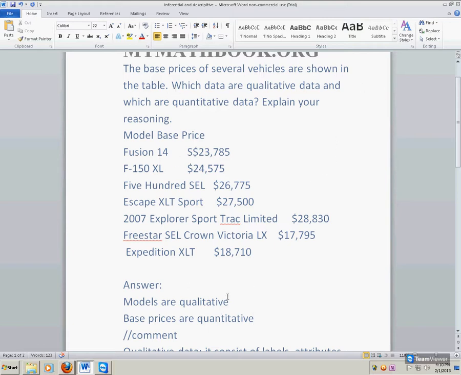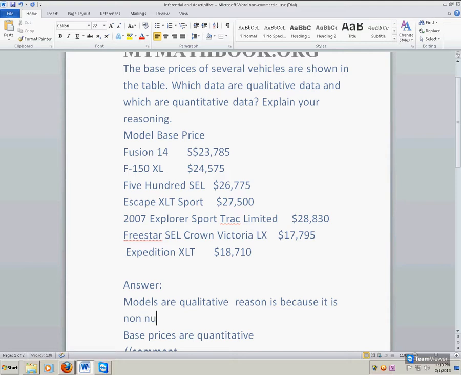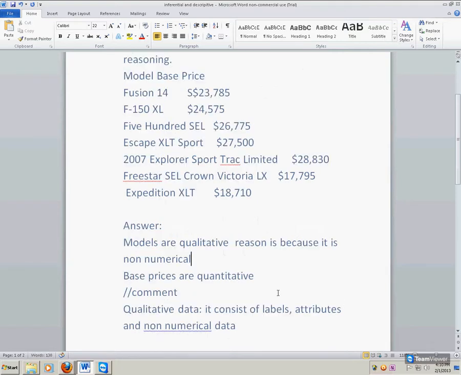The reasoning for the very first one, qualitative, is that it's not numerical. And then for the base prices, the reason is that they are numerical.